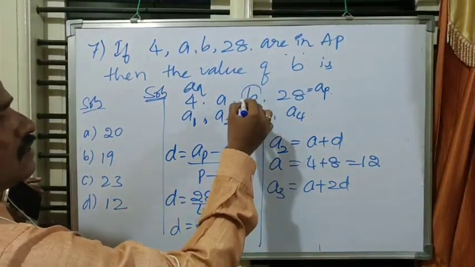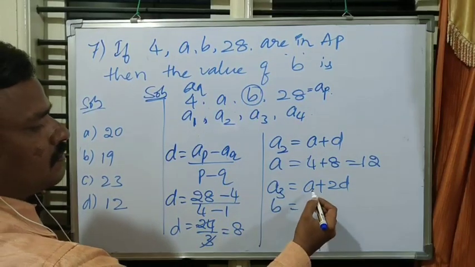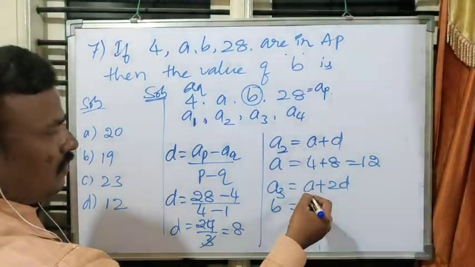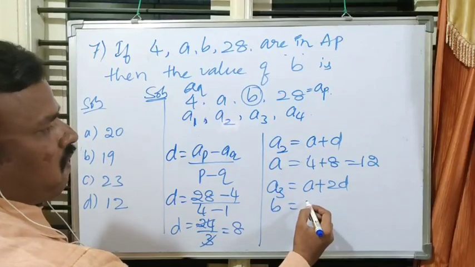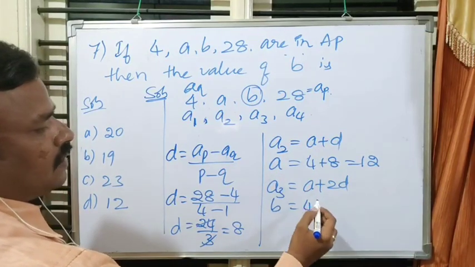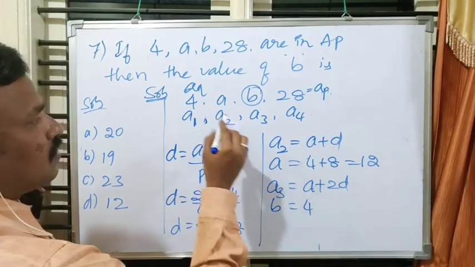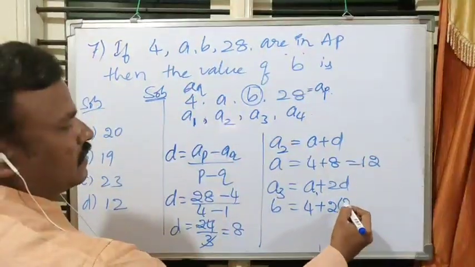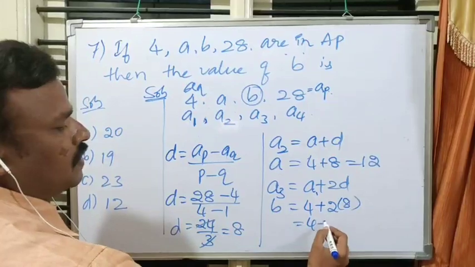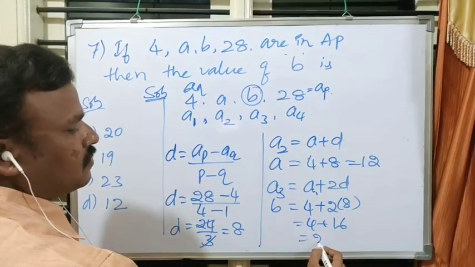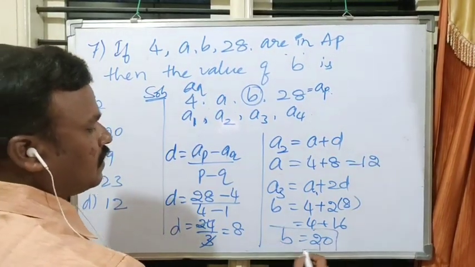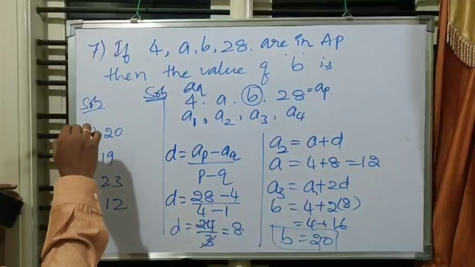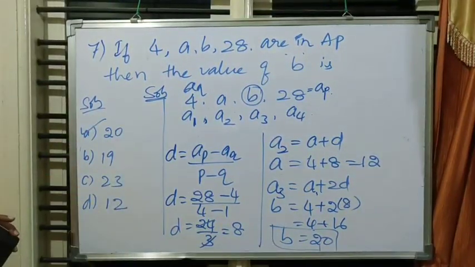A3 here is B. The A value, this A1, is 4 plus 2 times 8. 2 8s are 16, 16 plus 4 is 20. So here the B value is 20. Here the first answer.